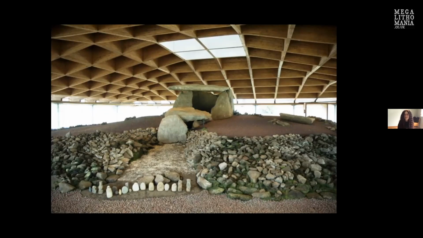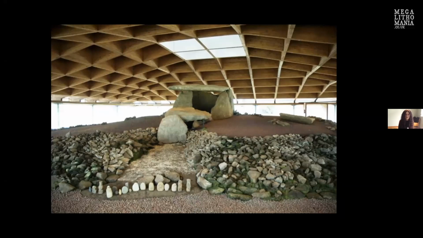So this tomb is massive, and those individual orthostats are a few meters high. And you can see the vertical stone right at the front of the corridor. So this tomb was deliberately blocked at some point and basically put to rest.